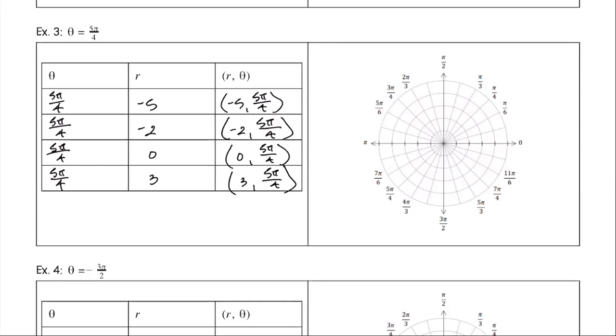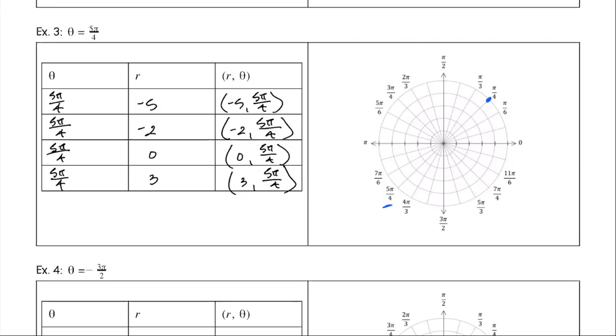Okay, so let's start off with -5, 5 pi over 4. So I'm going to go to 5 pi over 4, which is down here. And I'm going to go -5. So that's going to be 1, 2, 3, 4, 5. Okay, so -5, so it's in the opposite direction of 5 pi over 4.